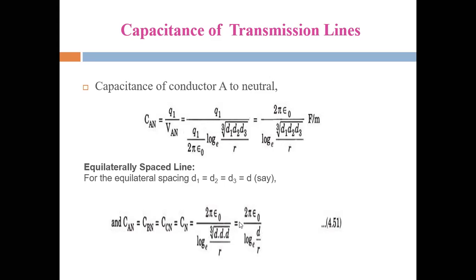Therefore we cancel the cube and the cubed root, and we obtain log E D by R. That is equal to 2 pi epsilon naught by log E D by R. This is the capacitance for unsymmetrical spacings and also symmetrical spacings for three-phase overhead transmission lines.